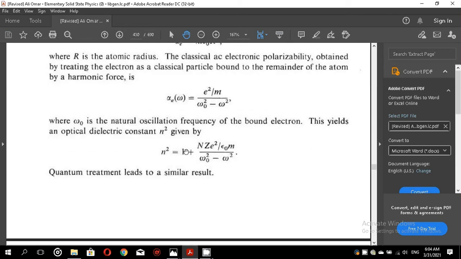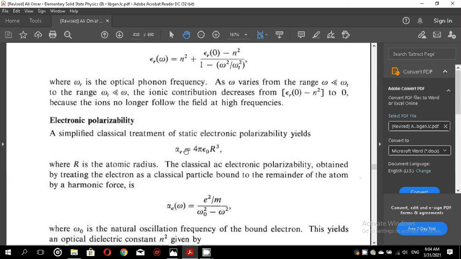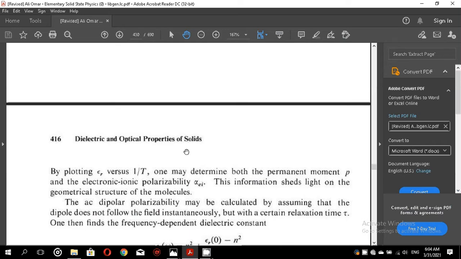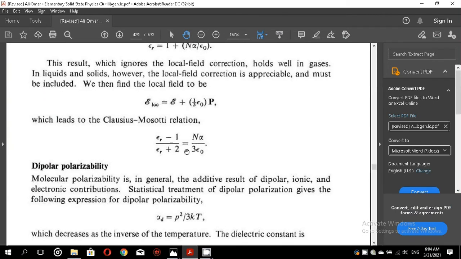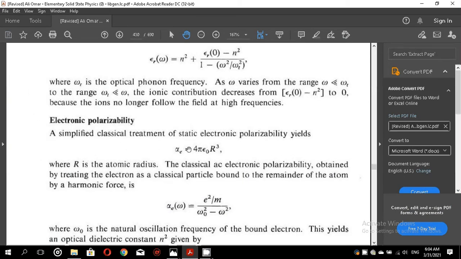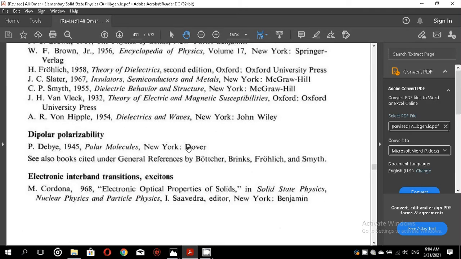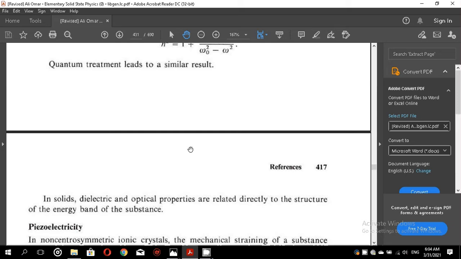Well, this is the page which I wanted to refer, but I can't see the equation here. Now where is this equation? Perhaps I have given the wrong page number, but let me find this equation for you, which is going to be used here.